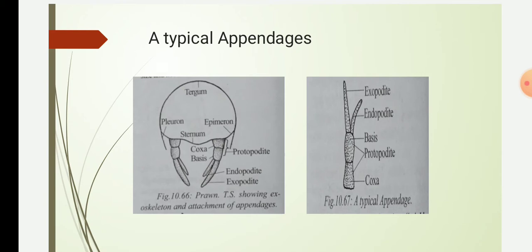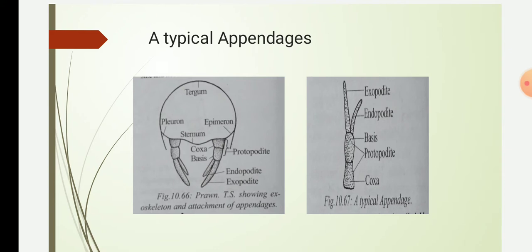The basis bears two finger-like processes called the exopodite and endopodite. The exopodite is larger than the endopodite and is placed outside, whereas the endopodite is smaller and is placed internal to the exopodite.